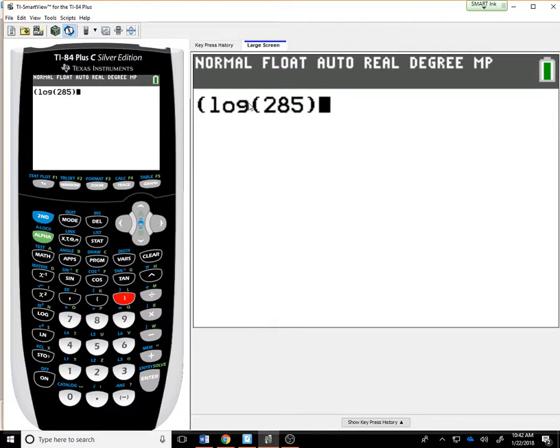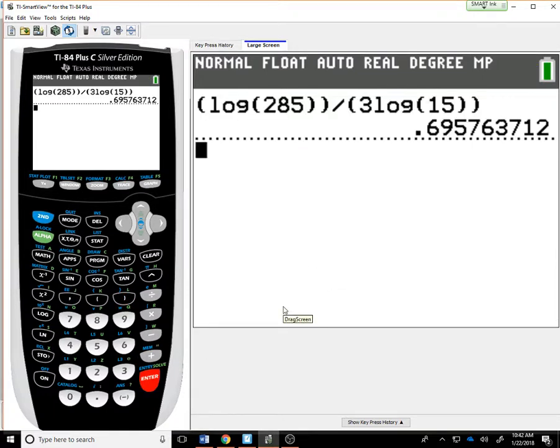I'm going to close the parenthesis to close my log, and the other matching one to close that one there. So that's my whole numerator together, and I'm going to divide that by my denominator, which is 3 times the log of 15. I'm going to close the parenthesis for the log, and then the one for my denominator. So it looks like this. And now I just press enter, and that's what x is equal to, which is approximately 0.7.